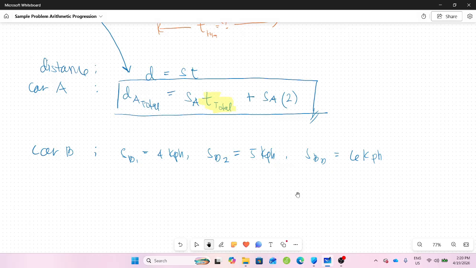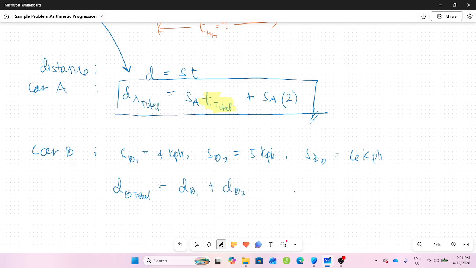We could say that the total distance traveled by car B should be the distance B1 plus distance B2.